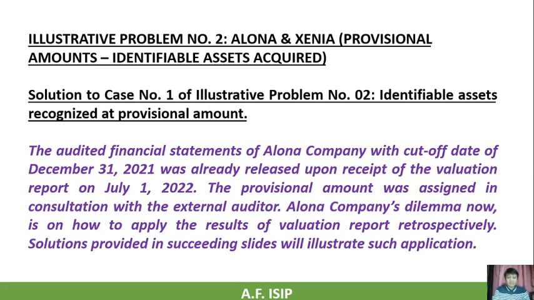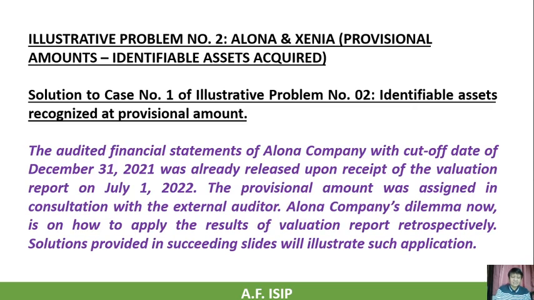The answer is no, because the accounting standards provided a measurement period. Even if the official report regarding the valuation of the building was received on July 1, 2022, it is not yet late, because we can do something by this late report received by Alona Company, because there is a big difference. The provisional amount is 700,000, but the reported amount is 500,000.